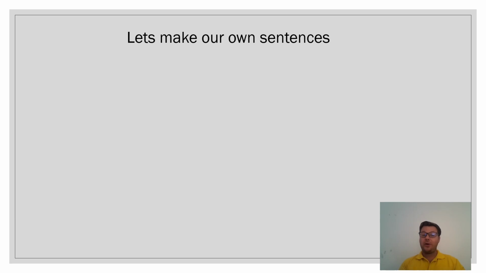Now we are going to do more examples, but we are going to make our own sentences. And we are going to identify the possessive adjectives. So let's look at sentence number 1. Look at this picture and what can you see? Yes, we can see a girl.